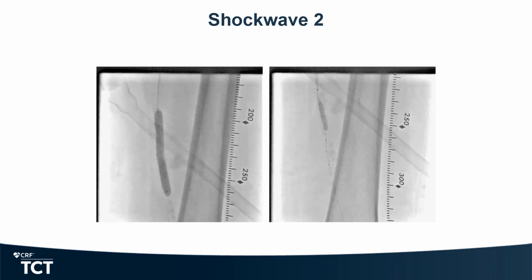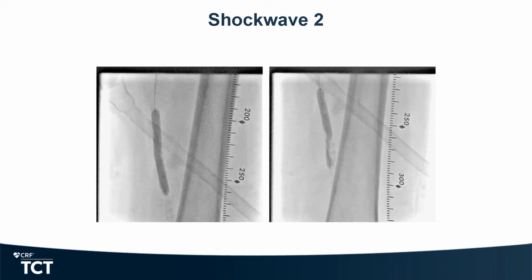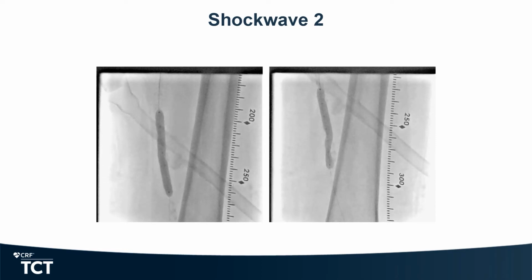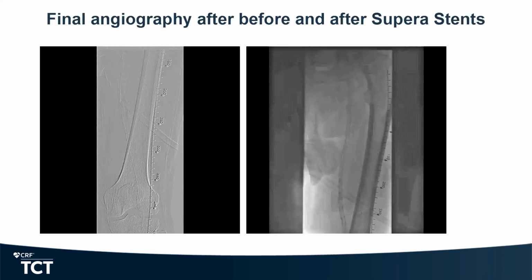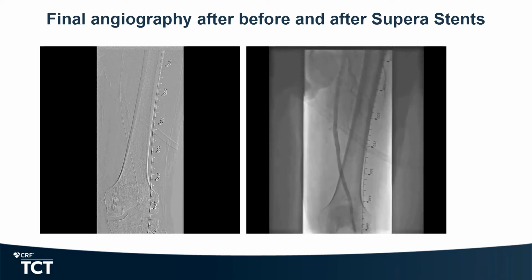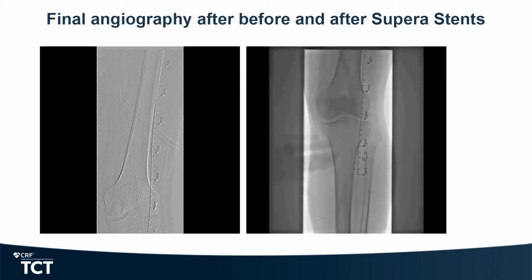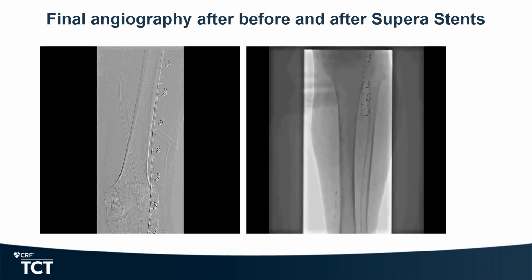And you can see on the right panel how much waist there was. And you can see after serial treatments, we were able to get this to expand and really get a proper lumen. And so this is the post-balloon inflation result on the left, and on the right is a post-stent result, where we did a standard unsubtracted run. And you can see we got an excellent result.